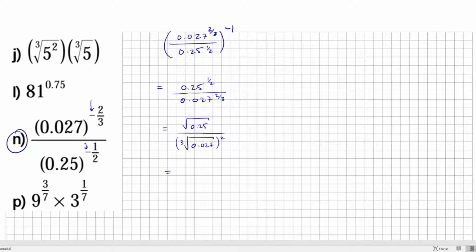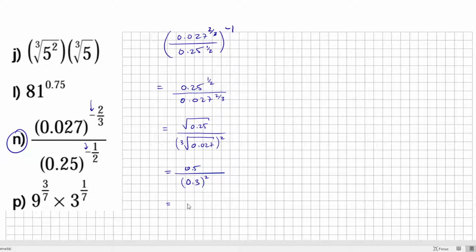All right, so the square root of 0.25 is 0.5. And then the cube root of 0.027 is 0.3. Recall, I still have to square that.